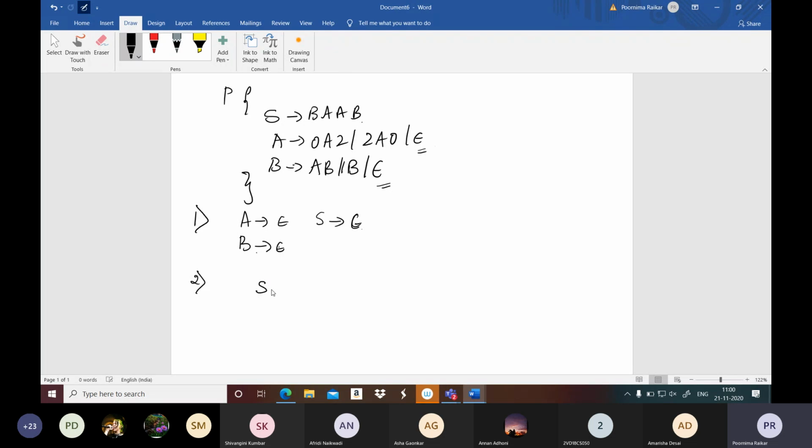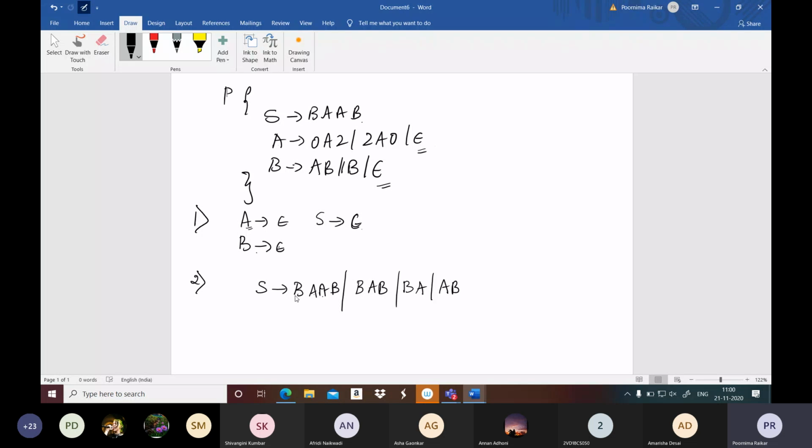So I'll just take the first rule. First keep the things as it is, then go on doing it alternately. First time I'll substitute A with epsilon, so I'll get BAB. Next time if I substitute this also, I'm getting BAB only. I'll keep one BAB. Then I'll get BA. Then I'll get AB.